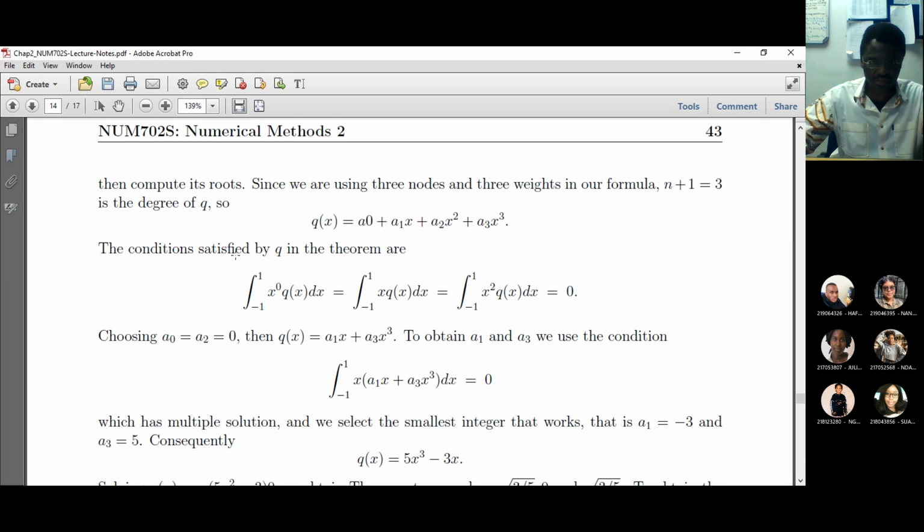Since the degree of this is 3, we also have 3 conditions there. So k runs from 0, that is x to the 0 when k is 0, x to the 1 when k is 1, and x to the 2 when k is 2. So we have a total of 3 conditions. So we take this Q of x, we substitute there. You have 3 equations there. So we have a system of 3 equations, but how many are unknown? 4 unknowns: 1, 2, 3, 4.